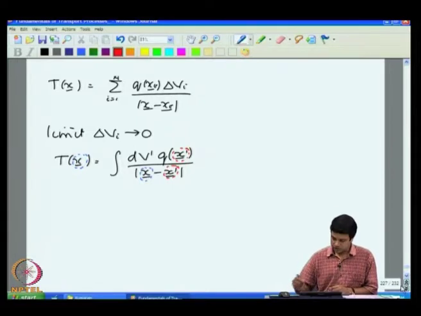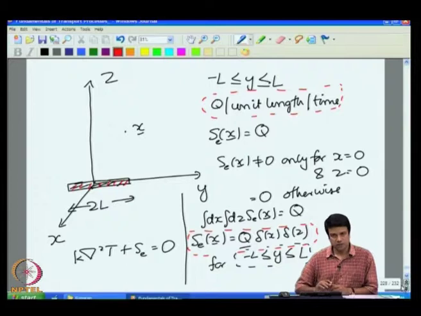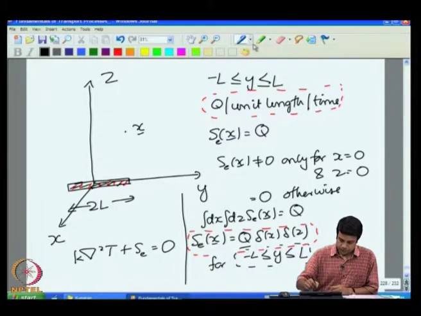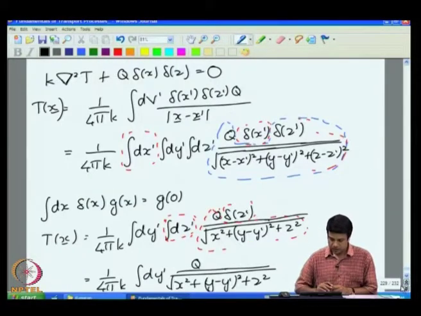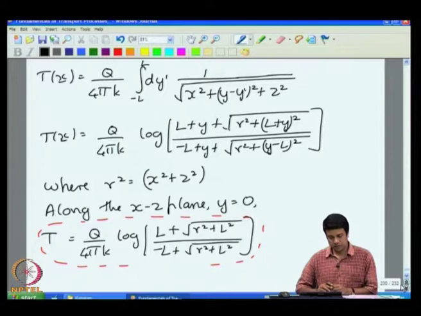And in the last lecture, we did an example of how one would use this for a concrete example of a wire emitting heat. I had shown you that in this case, I can define the source as a delta function in the x and z coordinates. Once I do that, I can use the property of delta functions that it picks out the value of the function at x and z equal to 0 to get an analytical solution for the temperature field.